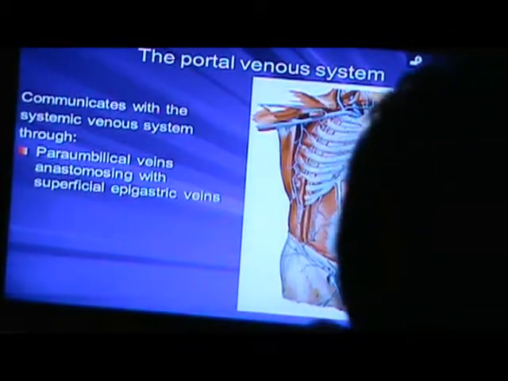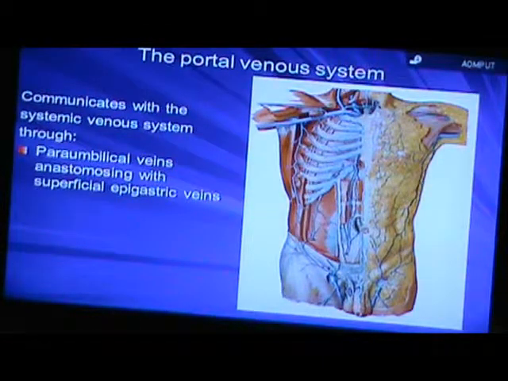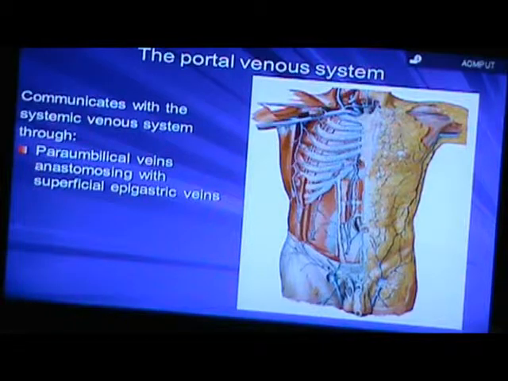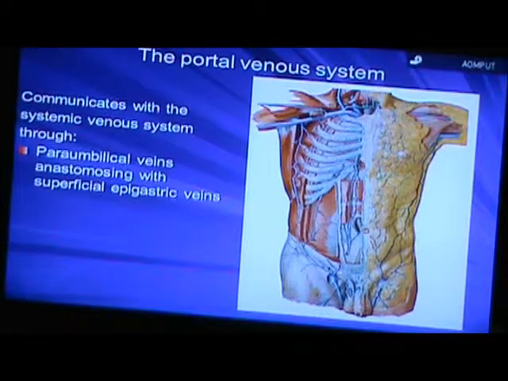Or the portal venous system communicates with the systemic venous system through the paraumbilical veins, which are located around the umbilicus. They join with the superficial epigastric veins.